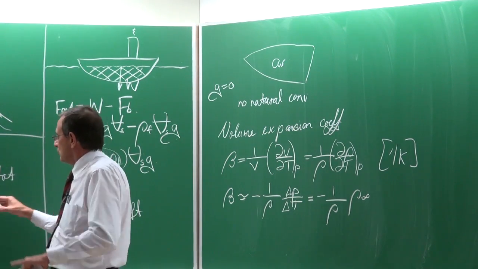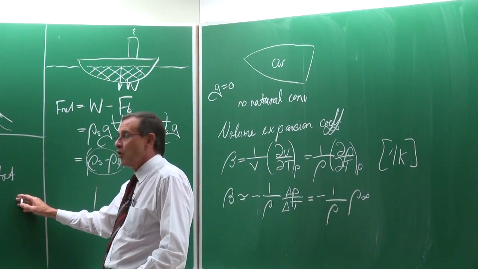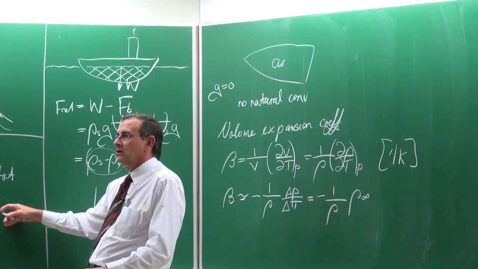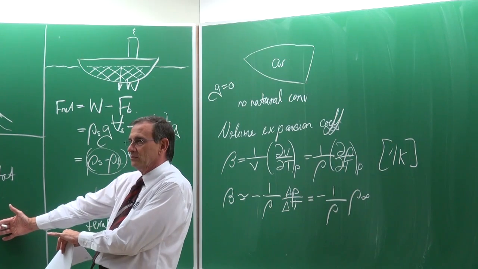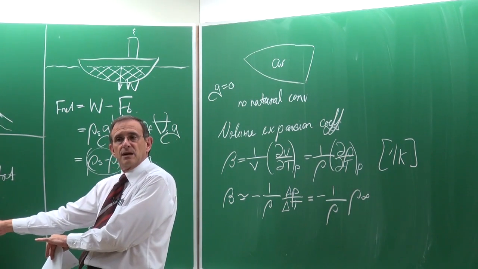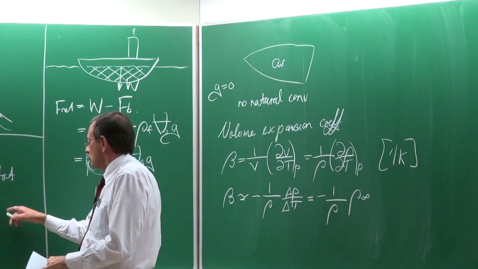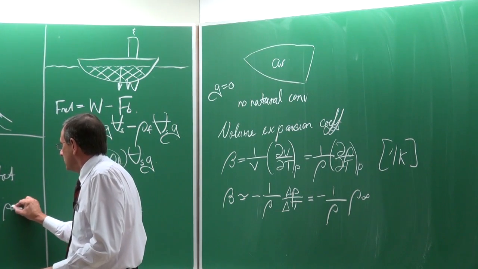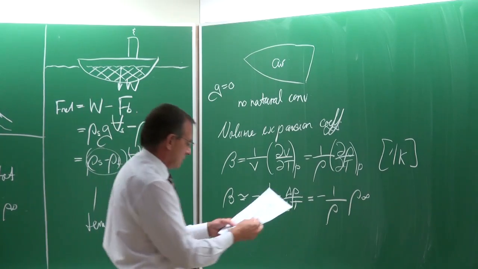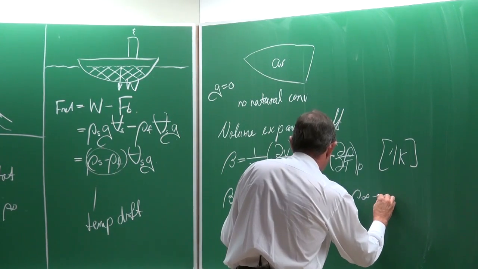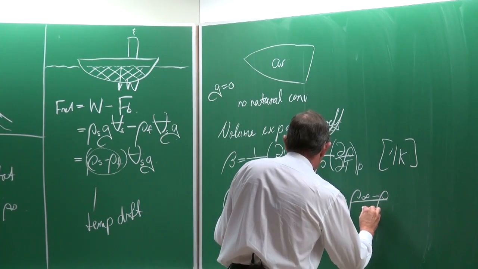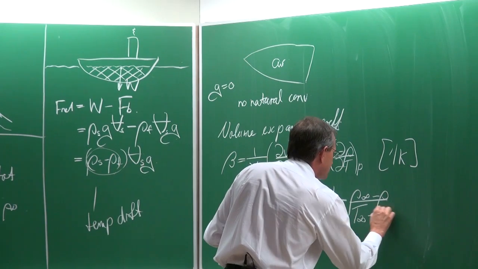Rho infinite would be the density far away from the object where it is a constant value. Okay, so here the density is something different, but if you move away, then that would be rho infinite. So, rho infinite minus rho divided by T infinite minus T.